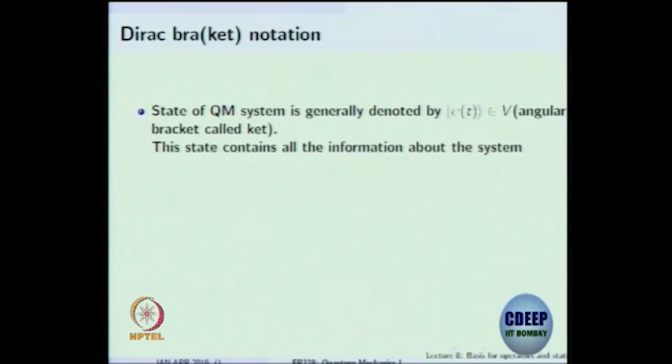Once I give the state, it is supposed to contain all the information about where this system is. What does the state of the system mean? It could tell me the energy of the particle, it could tell me the location, all kinds of information are stored in this ket, which has a state psi.